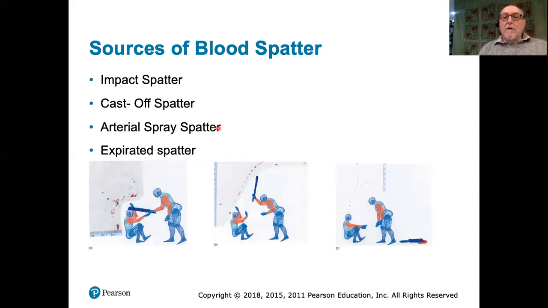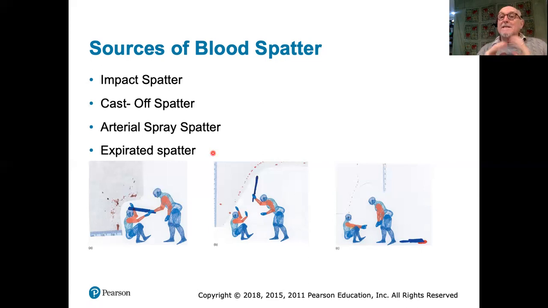The other two are a result of the physiology of the person who's wounded. And these are the arterial spray spatter that I mentioned before. If an artery is cut, there is sufficient blood pressure to actually spray blood out. If a vein is cut, that is not the case. Venous blood flow is under much lower blood pressure, and it's not under the impact of the beating of the heart.